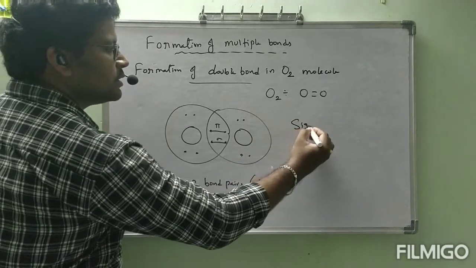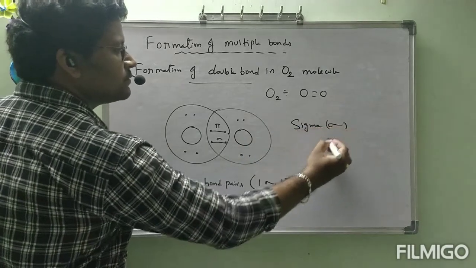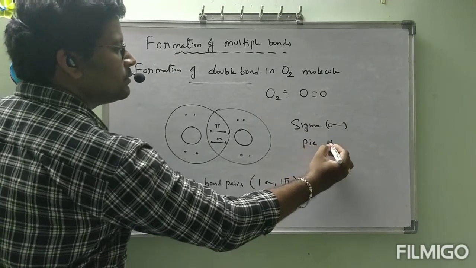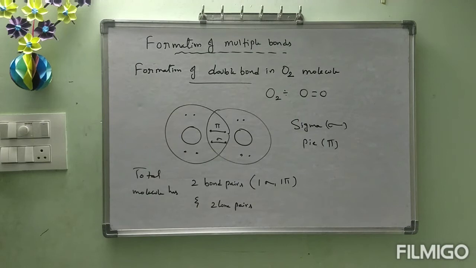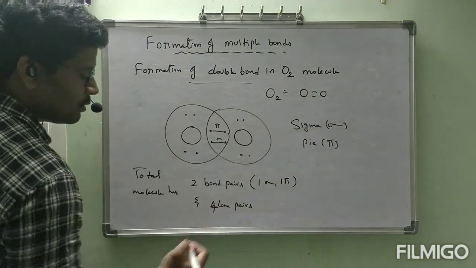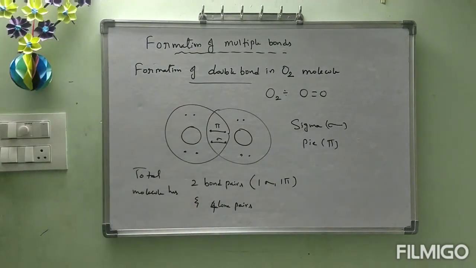Sigma's spelling this one, pi spelling this one. 1 sigma, 1 pi in 2 bond pairs. 2 lone pairs, sorry, total 4 lone pairs. On each oxygen, we have 2 lone pairs. Okay. I hope this is about formation of double bond in O2 molecule. You understood this concept. All of you, I hope.